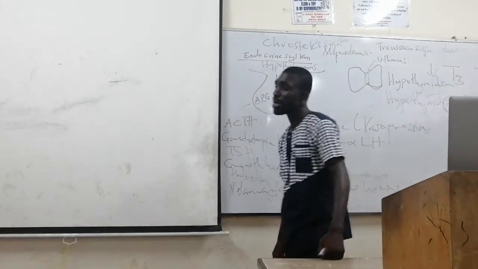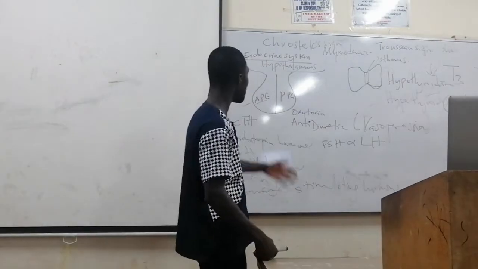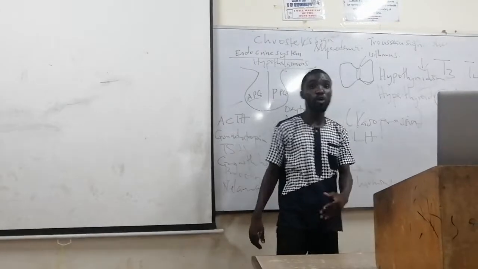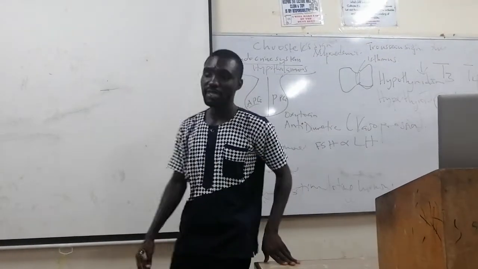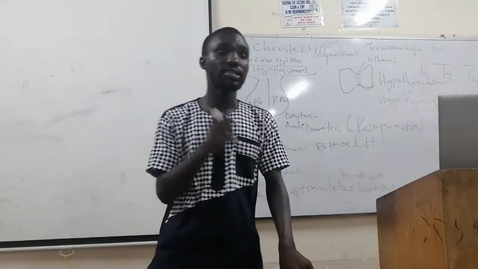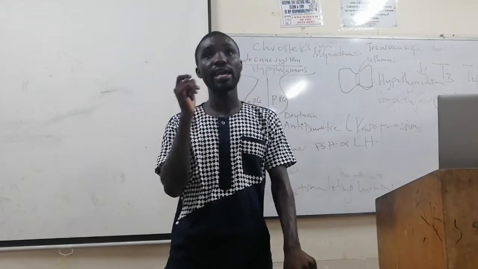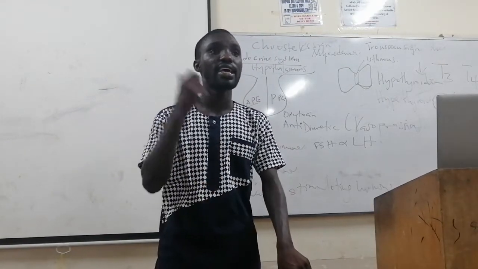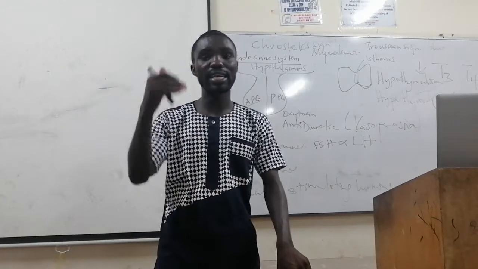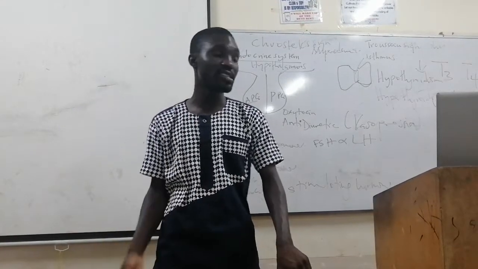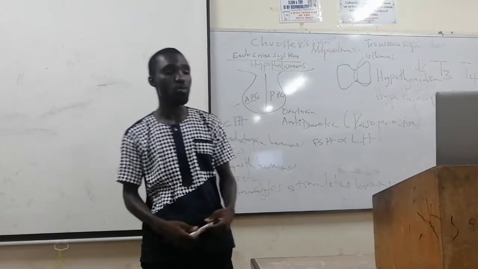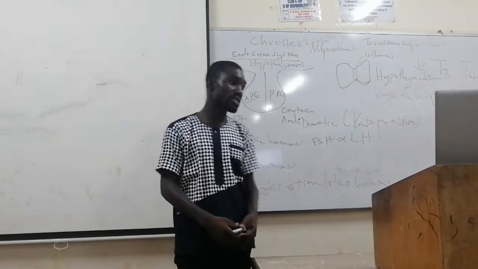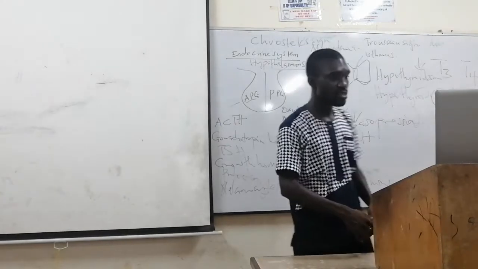So most of the time, if you want to assess the levels of T3 and T4 hormones to detect hypothyroidism, you can do a thyroid function test where a sample of blood of the patient is taken, and then you look at the serum levels of the T3 and T4 hormones. You can also take a scan of the thyroid gland to also see, right?